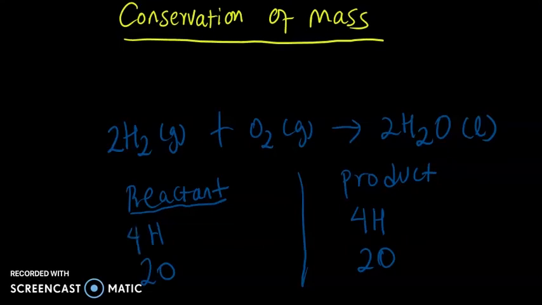So we have 4 hydrogens in the reactant side and 4 hydrogens in the product side. We have 2 oxygens in the reactant side and 2 oxygens in the product side. And the type of atom is also the same because we only have hydrogen and oxygen in the reactant side, and we also have hydrogen and oxygen in the product side. This confirms the conservation of mass rule because both the number and the type of elements are the same in the reactant and in the product side.